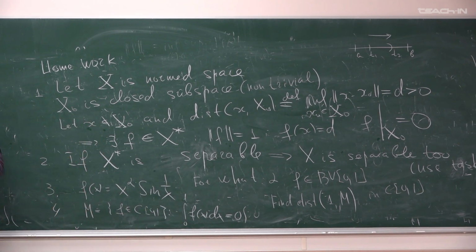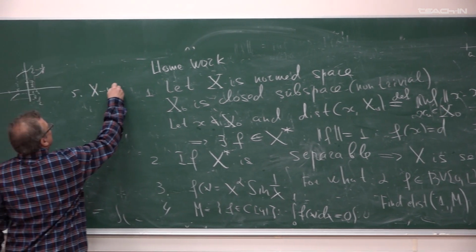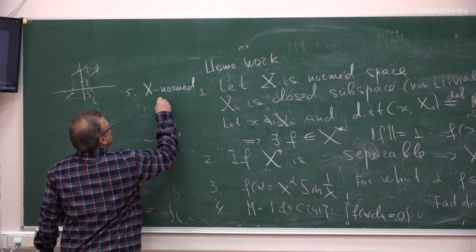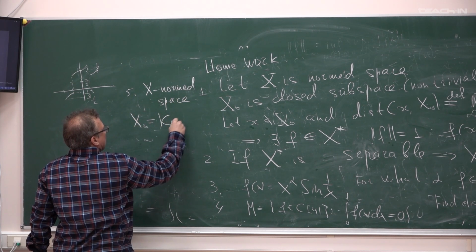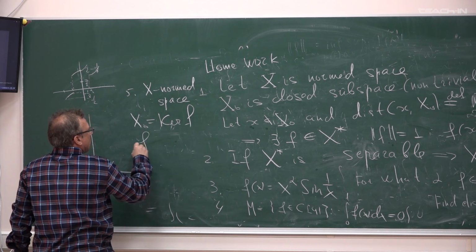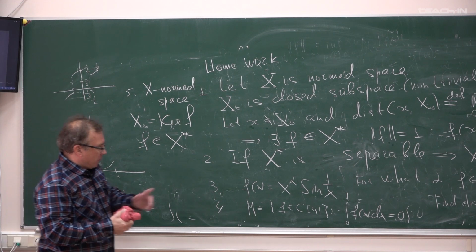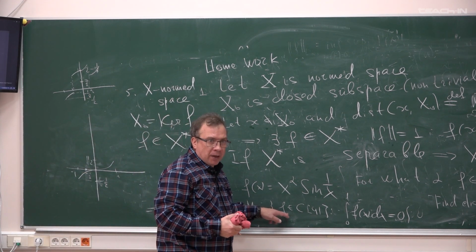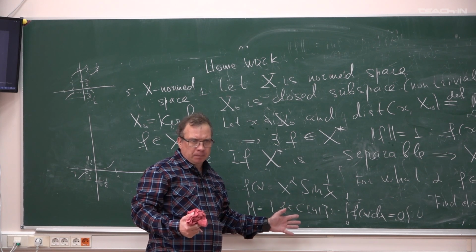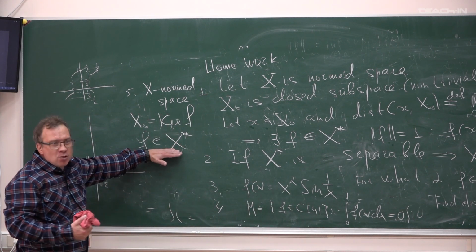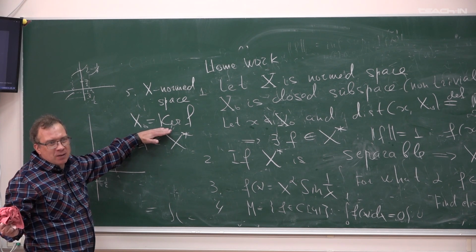And 5. For example, to prove that it is closed by definition is not difficult, but it is not simple. But for any continuous functional, the kernel, of course, is a closed linear subspace, automatically.